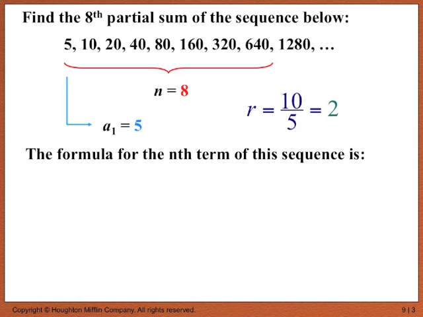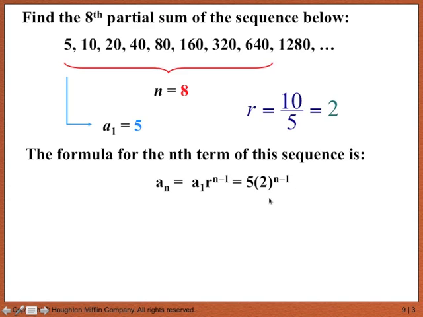So the formula for the nth term of this sequence is a sub n equals a sub 1 r to the n minus 1 equals 5 times 2 to the n minus 1. This is really just a review of the last section. This is the common form of the nth term of any geometric sequence. All we do is fill in our givens, things that we found: 5 times 2 to the n minus 1. This is a specific geometric sequence.